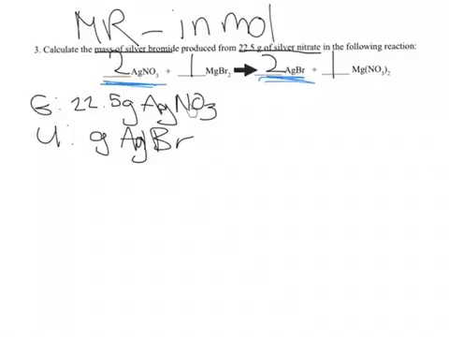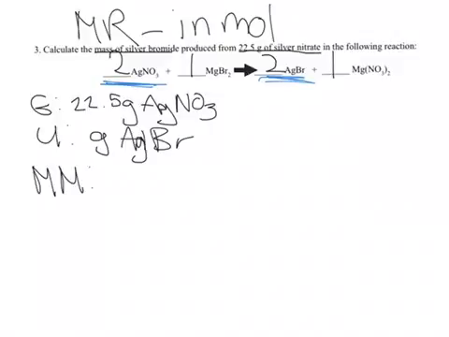And that requires a molar mass. But then we are also asked for grams of silver bromide. So therefore, we will need another molar mass. So in this problem, you need the molar mass of silver nitrate and the molar mass of silver bromide, which you get from your periodic table.